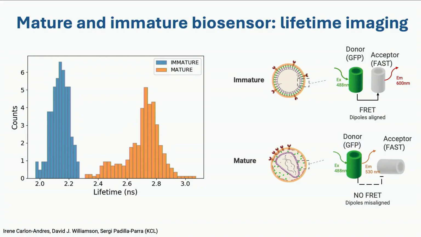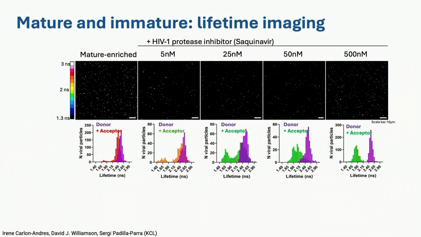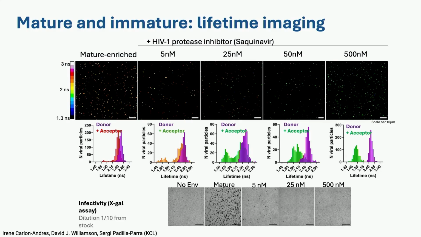This changes the lifetime of the acceptor, so we can measure this difference in the lifetime and say if we have the mature or immature system. Here I'm showing you some examples of the immature virus and adding the protease to transform it to the mature, and checking the lifetime. We can check that we have all of them in the mature or immature system. And we also perform infectivity assays to check the maturation of the virus.